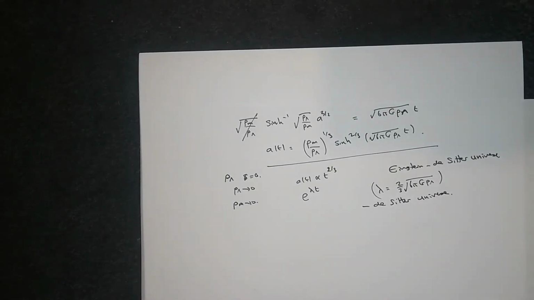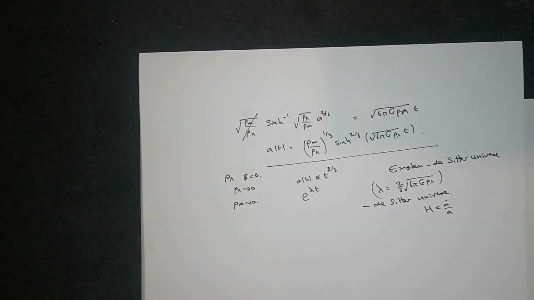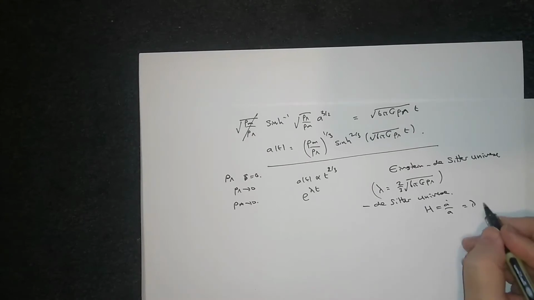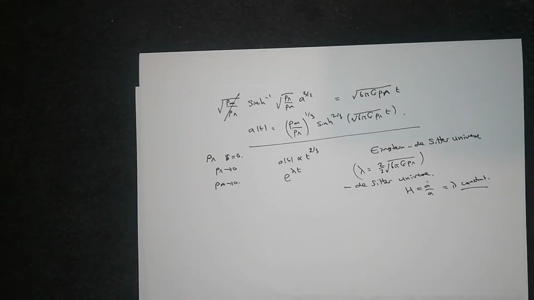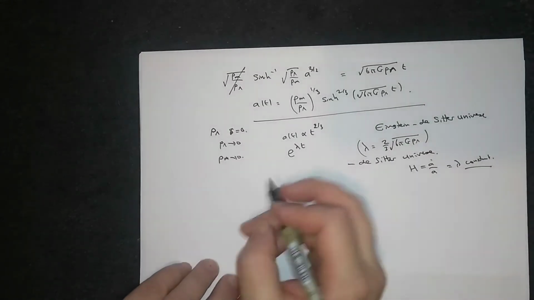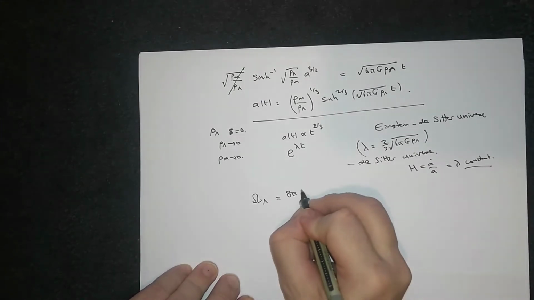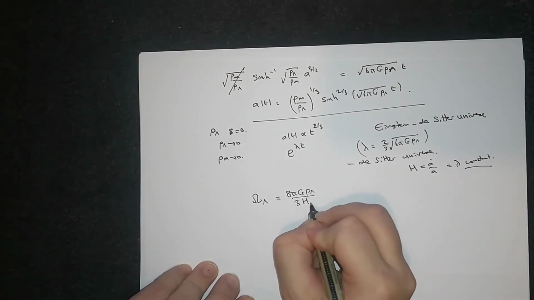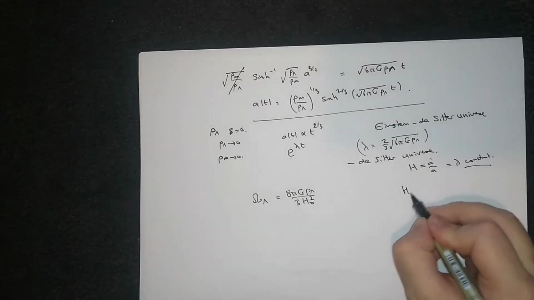The de Sitter universe has the property that H, which is a dot over a, that's the Hubble parameter, put into there, that's lambda, that's constant. And this is the space-time which corresponds to the steady-state universe. Now define the density parameter. Omega lambda is 8 pi G rho lambda over 3 H naught squared. So this actually is the density parameter at the time t naught when H equals H naught.